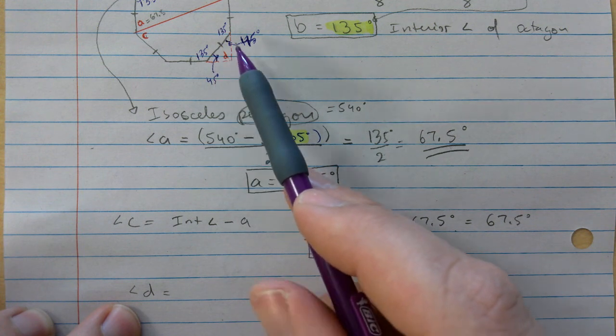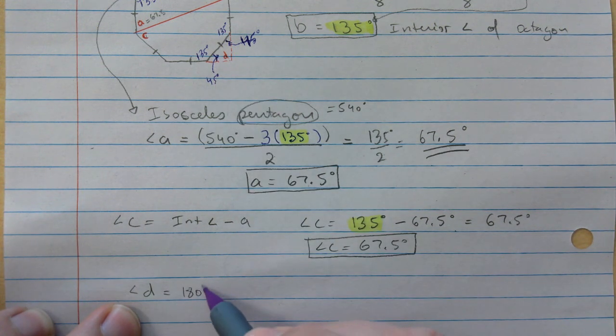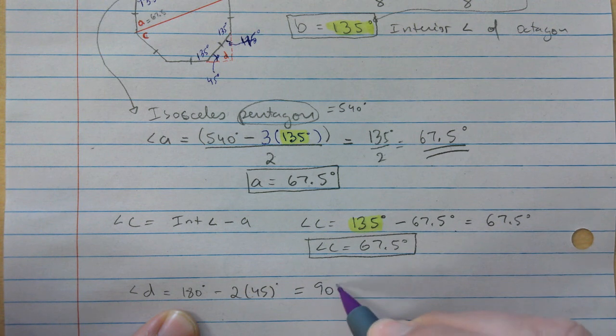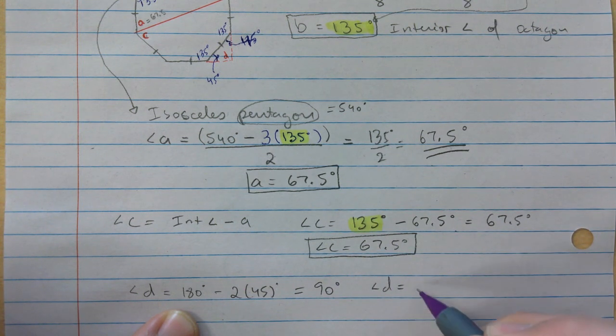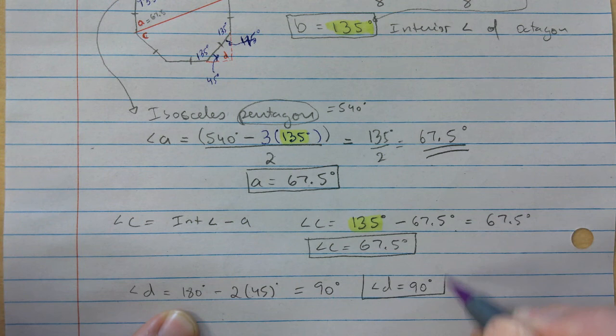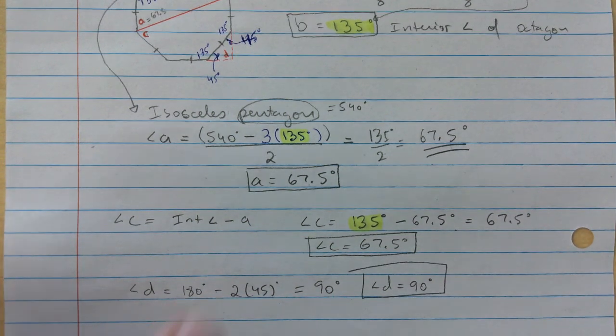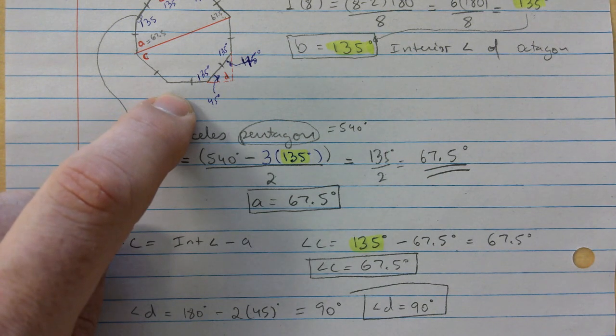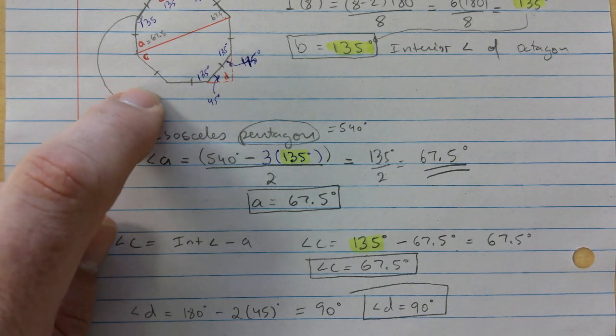The little sliver that sticks out is a triangle, so it's going to be 180 minus 2 times 45, which you know is 90. 2 times 45 is 90, so 180 minus 90 is 90 degrees, which we kind of suspected anyways. But it's not always going to be. Please don't think, I'm not going to do the work, I'm just going to guess that it's 90. I'm going to use different shapes all the time, and these numbers change, okay?